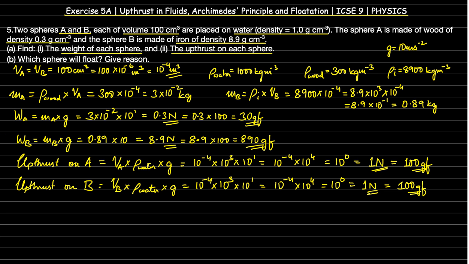Now that we have got upthrust also, we need to find out which sphere will float. So we need to find out which sphere will float, and give the reason. Very simple this is. For the sphere A, the density is 300 kg per meter cube. So I can write, since the density of wood, that is for sphere A, is less than the density of water, that is 1000. 300 is definitely less than 1000.